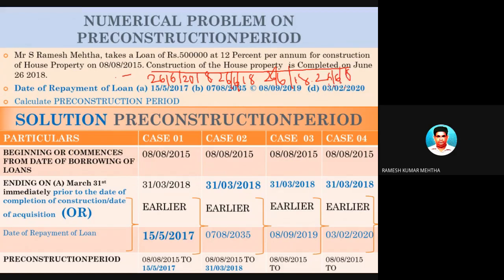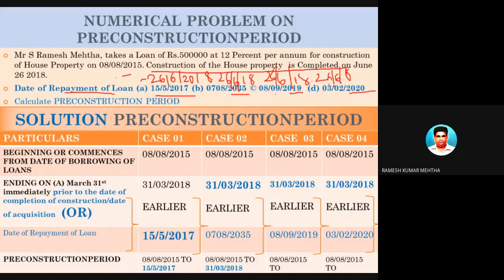Number three, date of repayment of loan. The dates of repayment of the loan are different for different cases. In the first case, it is 2017. In the second case, 2035, then 2019, and 2030, respectively. So now we have to compare the date of completion of the house property with the date of repayment of loan, and among them, whichever is earliest.